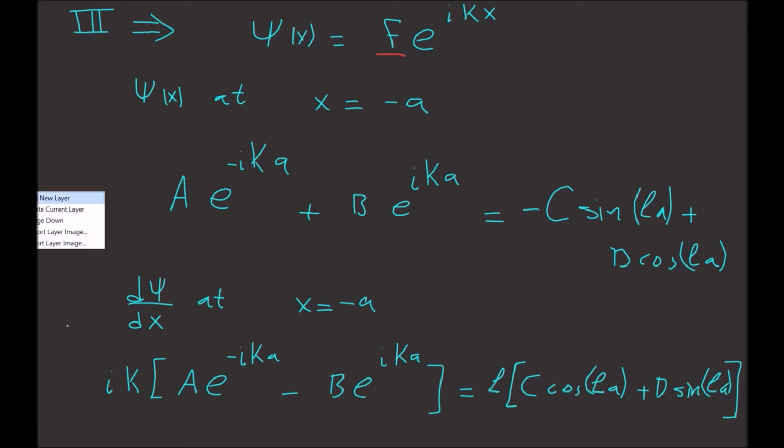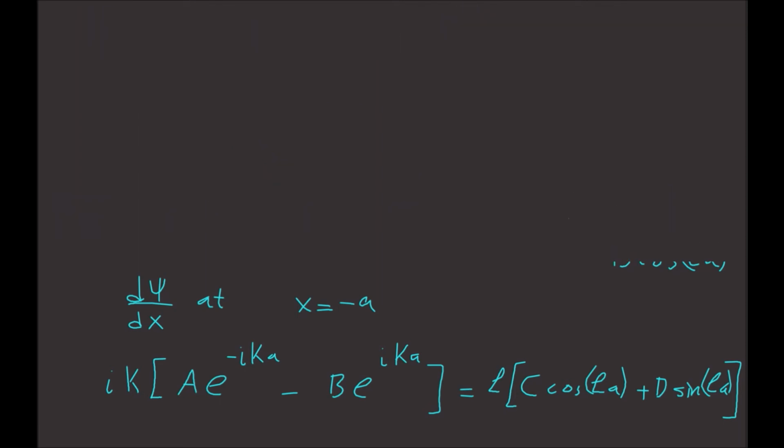Now we're going to look at the boundary conditions when x is equal to positive a. When x equals positive a, inside the well we have C times sine of L a plus D times cosine of L a. This must be equal to the right side of the well, which is F times e to the i k a.